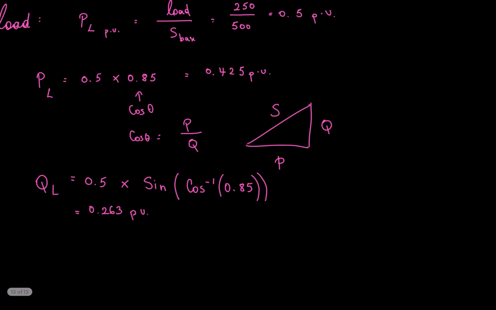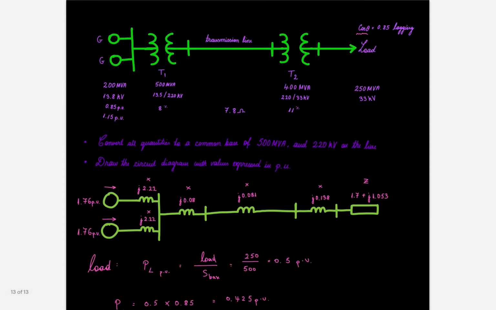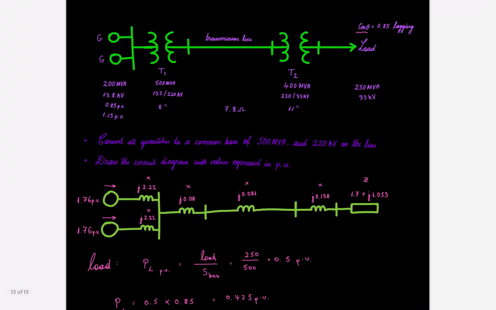And what else do we need to find? The impedance of the load now. So the impedance of the load is the voltage per unit divided by the real power per unit. What is the voltage per unit? Well, we know we have at the load 33 kilovolts and on the other side in our part 33 kilovolts.